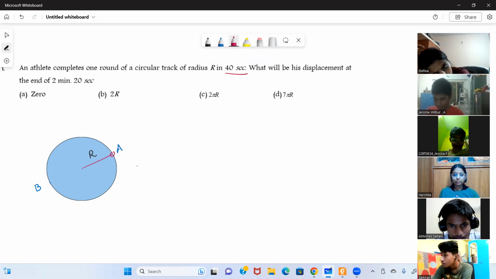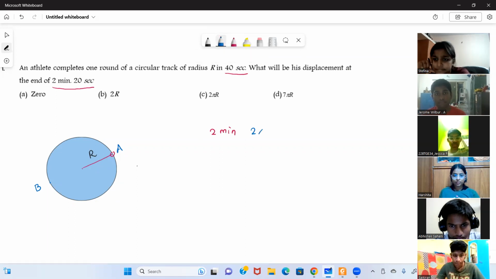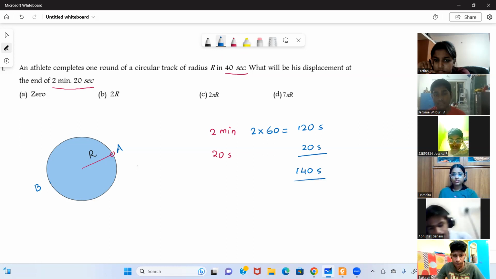Totally he is running for 2 minutes 20 seconds. You know that 2 minutes is 2 into 60, which is 120 seconds, and then an additional 20 seconds. So totally, he's going around the circle for 140 seconds, correct?